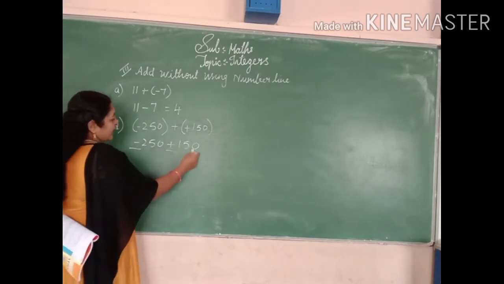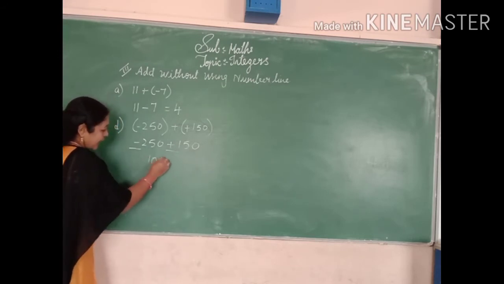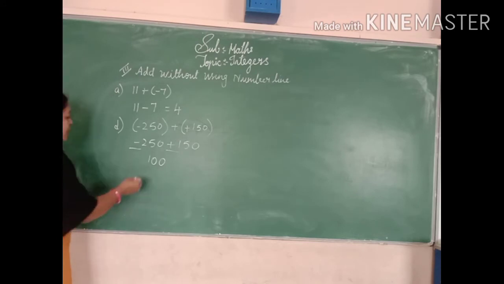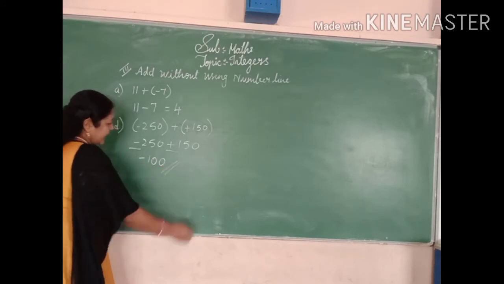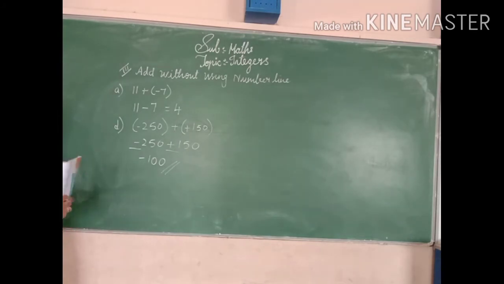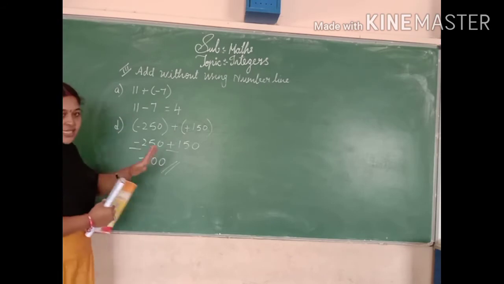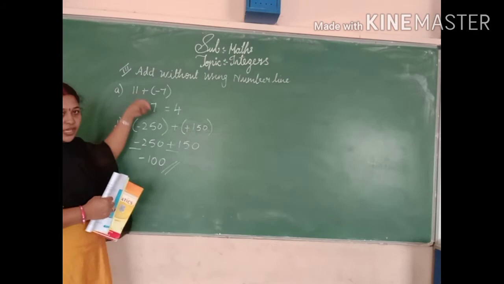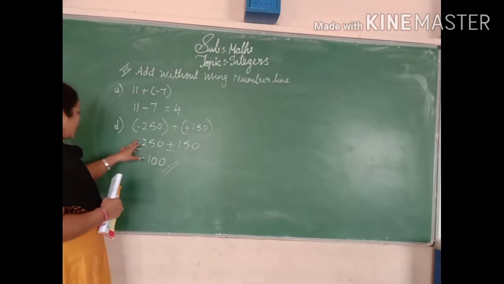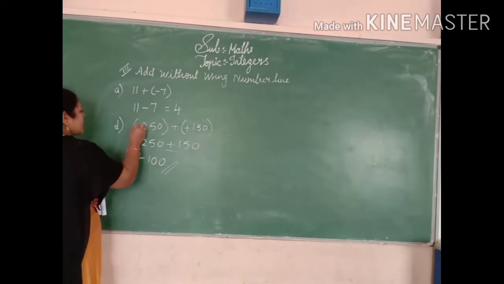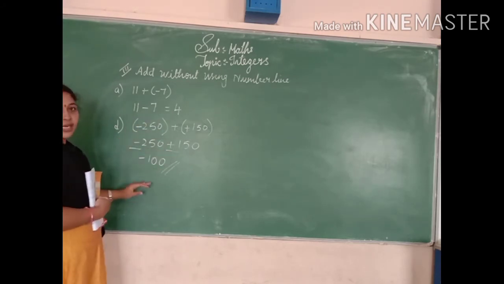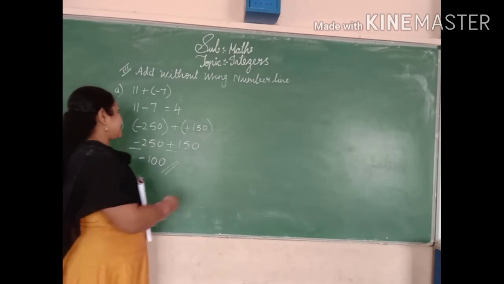So 250 minus 150 is 100. So we write the symbol of the greater number. So then it is minus 100. Please write it down. Don't just look at the video and admire it and leave it as it is. Especially with integers, when you start writing it, it becomes very clear for you to understand. Otherwise you will get confused between what is this minus and what is this plus. So please write it down and then clarify, until then you will not understand.